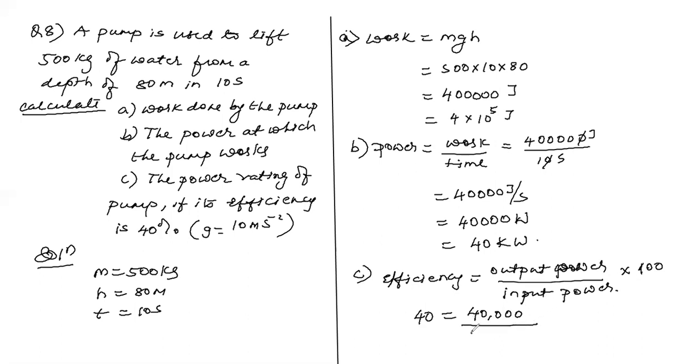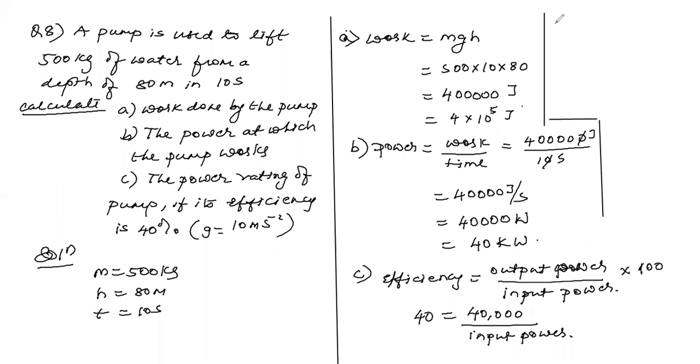40,000 upon input power. So when you calculate, children, input power, how much do you get?